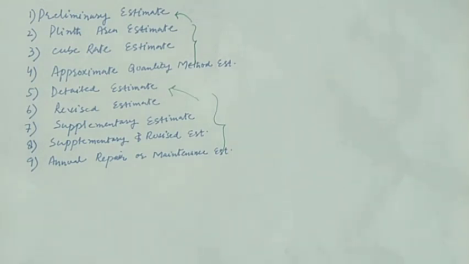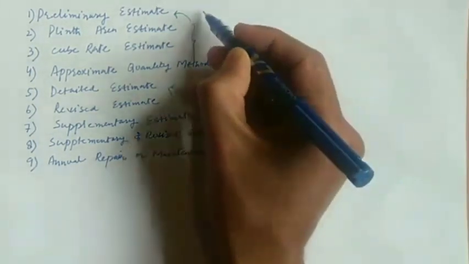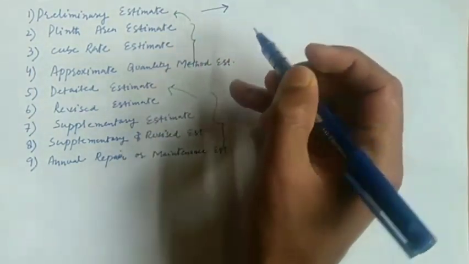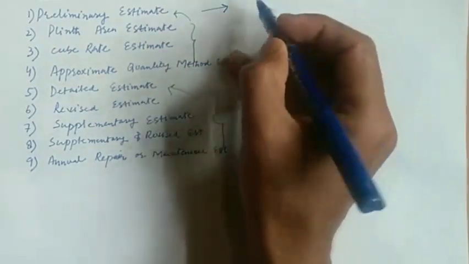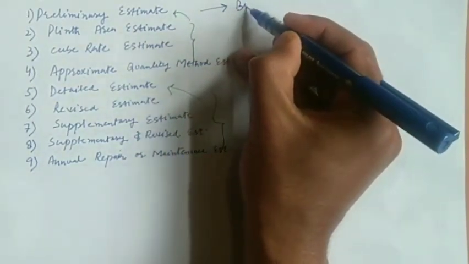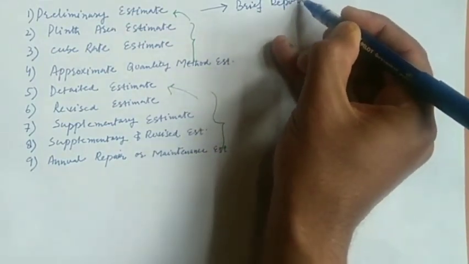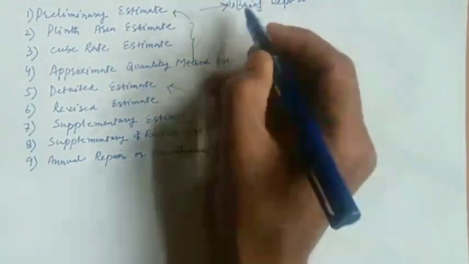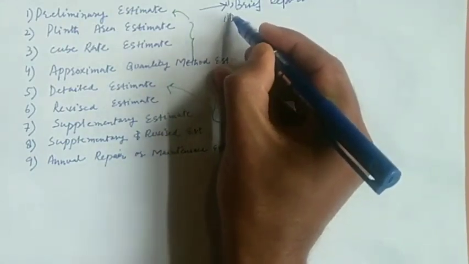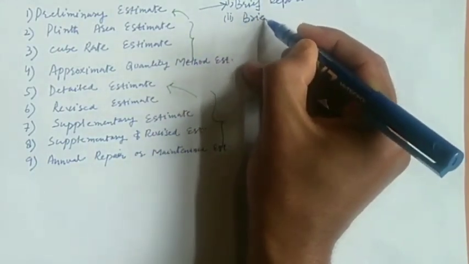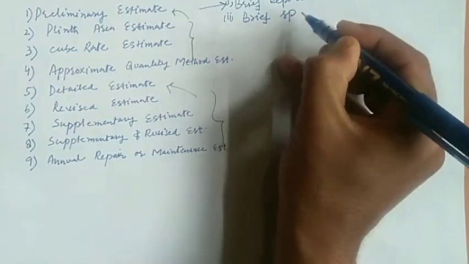Now, the important things that are required for the preliminary estimate: the very first thing that we should have is a brief report. The second thing is a brief specification.